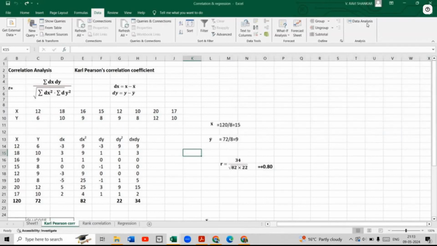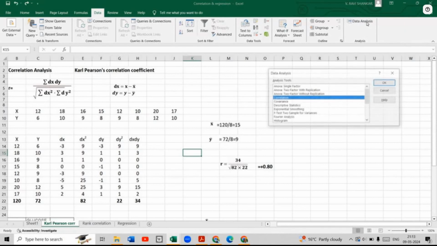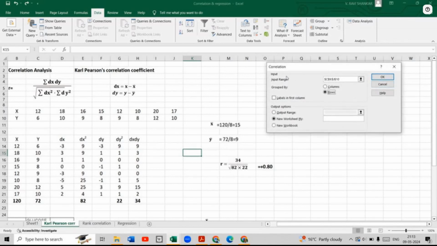Another way of doing it is you can go to data analysis, and in data analysis also you have correlation option. Click on OK, and here you have to indicate clearly whether you have put your data in rows or columns, in what way they have been grouped. Each set of data is in a row or in a column, because we are comparing two sets of variables.